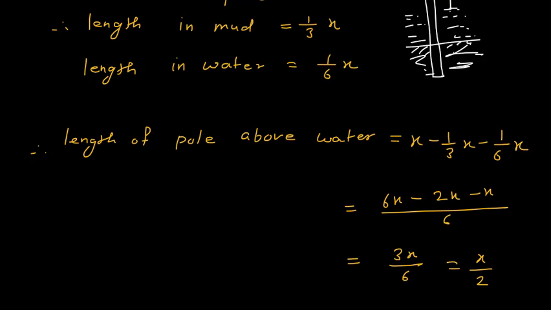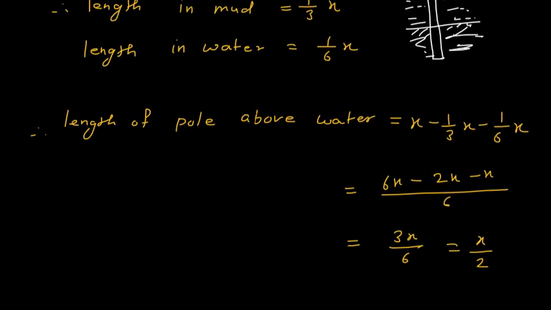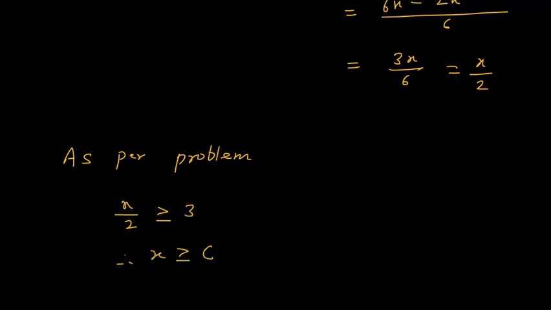So this is the length of pole above water, and it is given that it is greater than or equal to 3. So therefore as per problem, this x/2 ≥ 3. So therefore what you get? x ≥ 6.